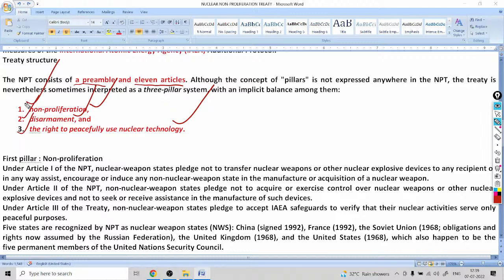Then Article 3, non-nuclear weapon states pledge to accept IAEA, International Atomic Energy Agency safeguards, to verify that their nuclear activity serves only peaceful purposes. So the non-nuclear weapon countries have agreed that they will allow the inspectors from the International Atomic Energy Agency, the nuclear watchdog of the world, to verify their program where they are using nuclear technology for peaceful purposes, to certify that this is not being used for any nefarious purpose or any military purpose.